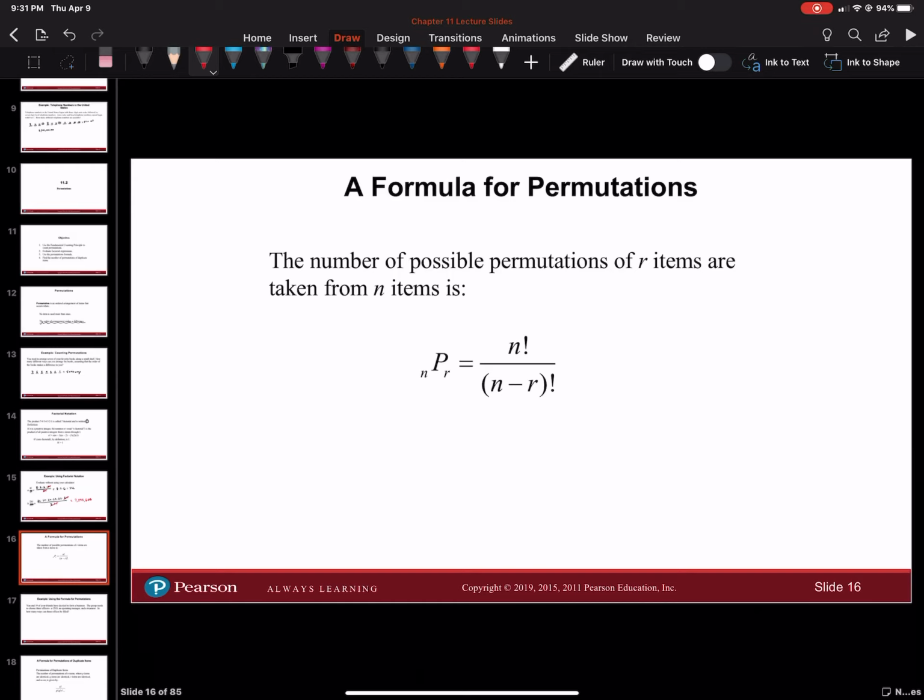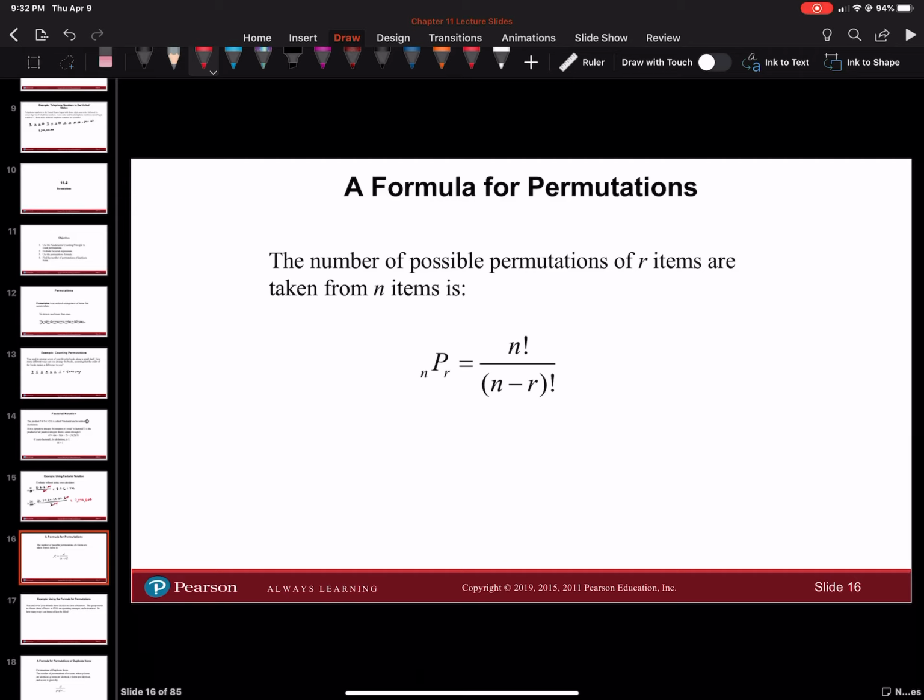Now, let's look at the formula for permutations. It says the number of possible permutations of r items taken from n items is nPr.